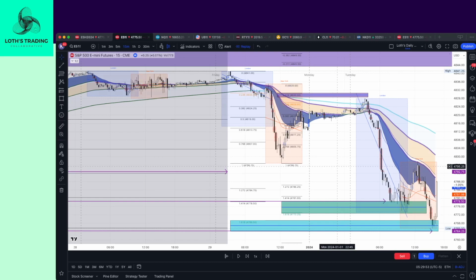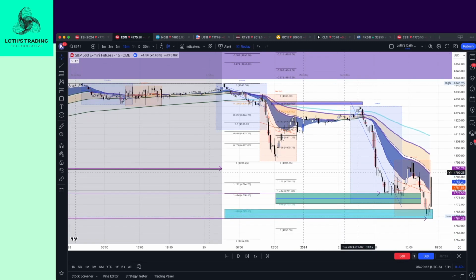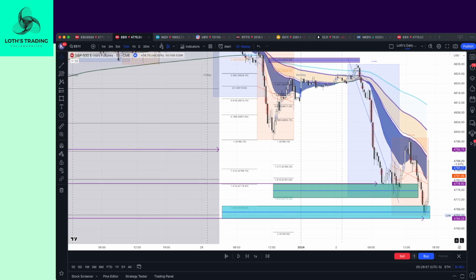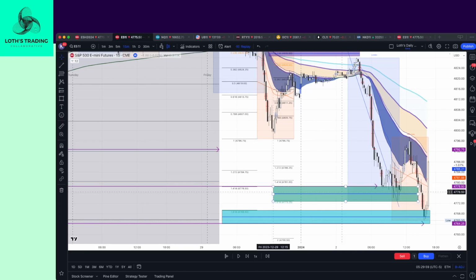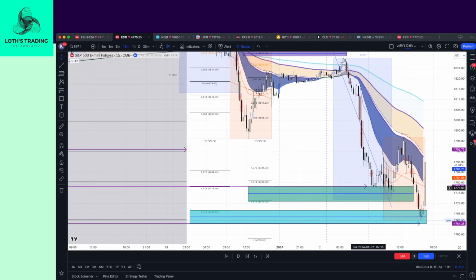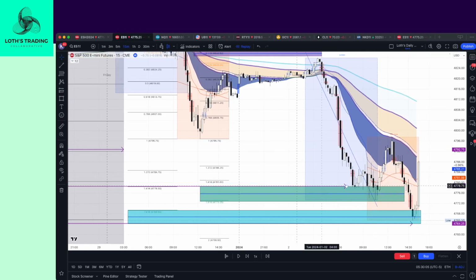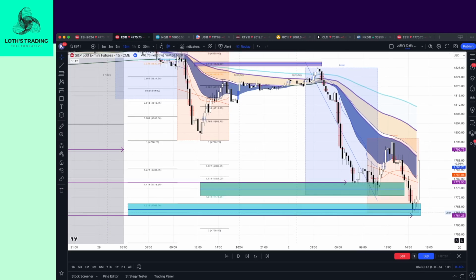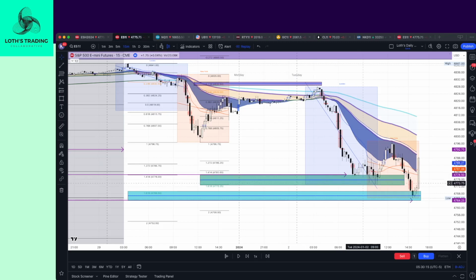But effectively, what I'm looking for are those pools of liquidity that are nearby so that I can form a range where price may consolidate and then reverse. You can see this magenta line forms the top of this turquoise box, and here at the bottom is the 1.618 for the full RTH range, forming the bottom of the box.